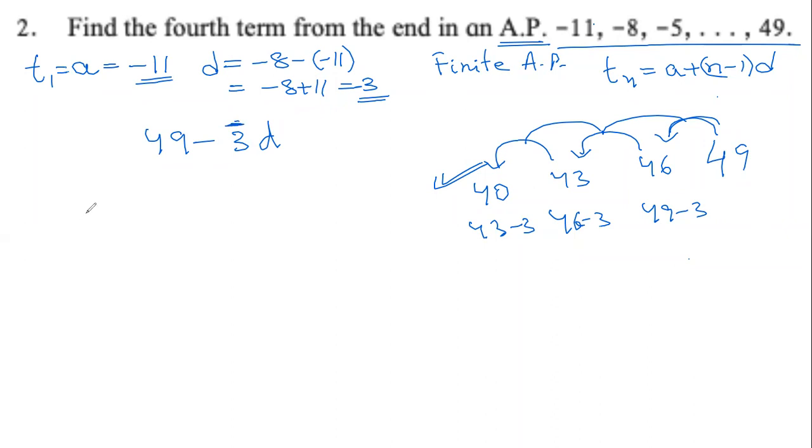Fourth from last. Where is this D coming from? When we move from left to right, we have to add the D. When we move from right to left, end to first, we will have to subtract the D. Yes, this can also be done.